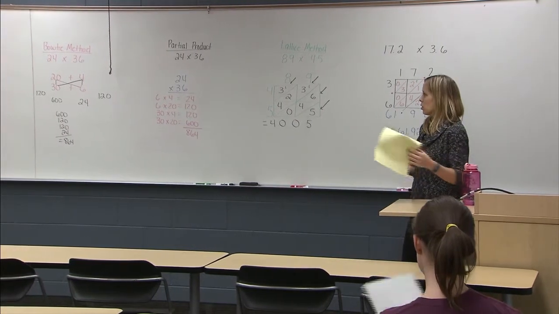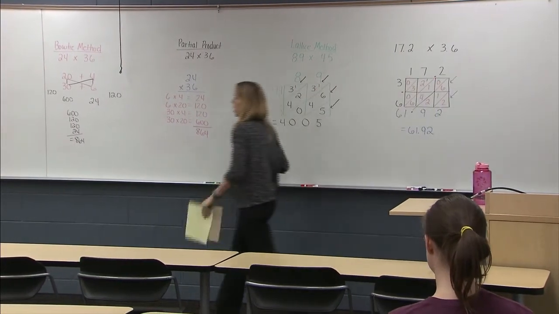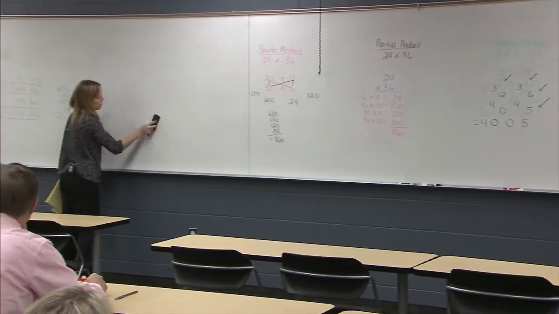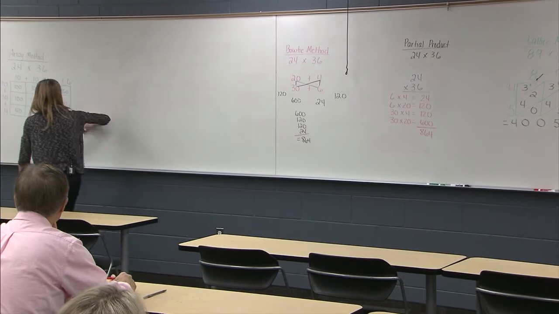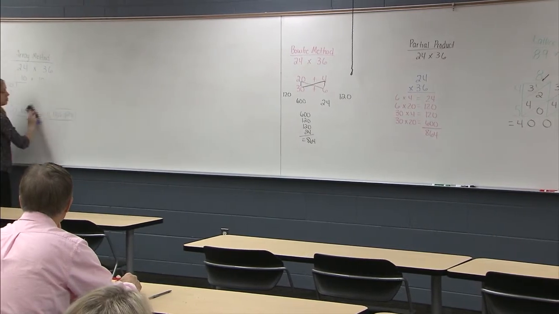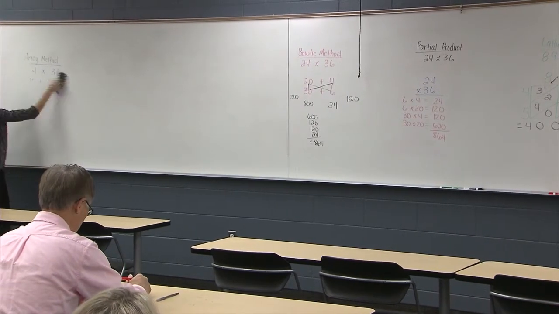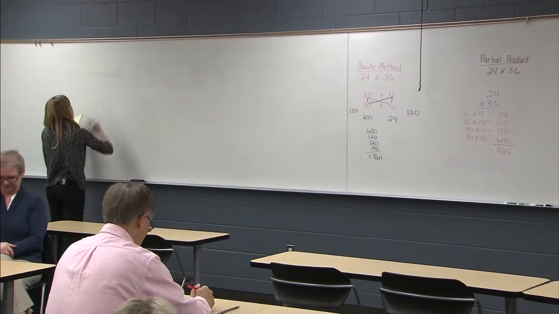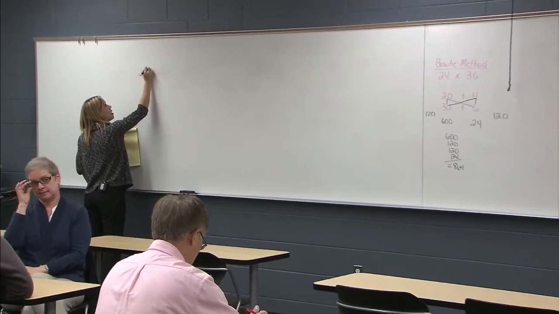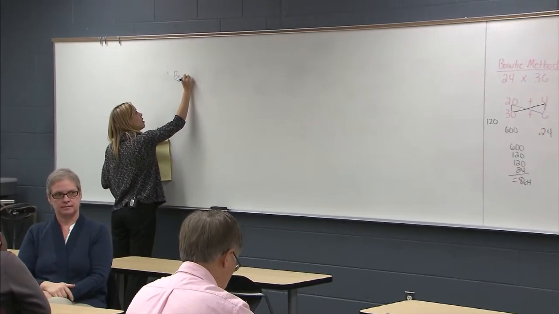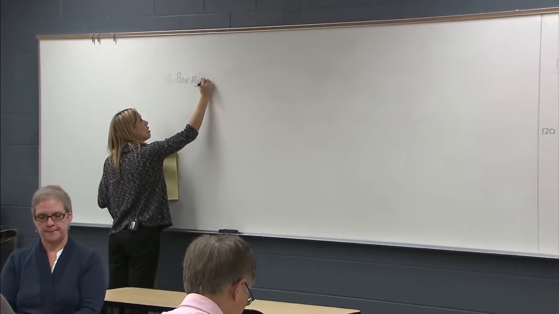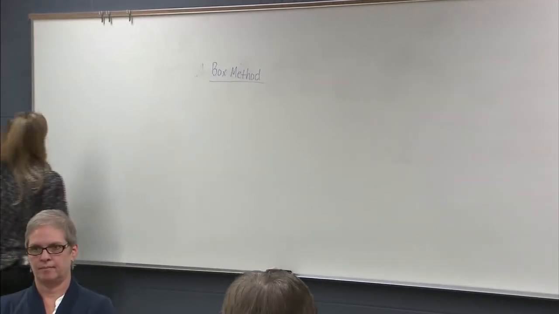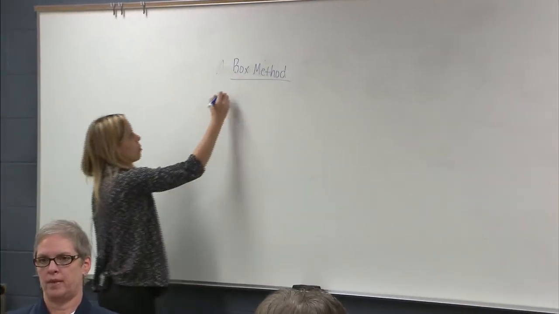So similar to some of these, I see a lot of students doing this with polynomials, and this is what sometimes is called the box method, because it's the box. And so we'll just start with a binomial times a binomial.